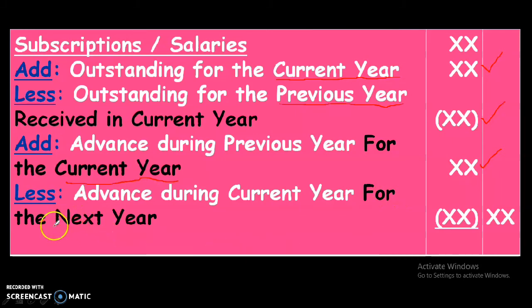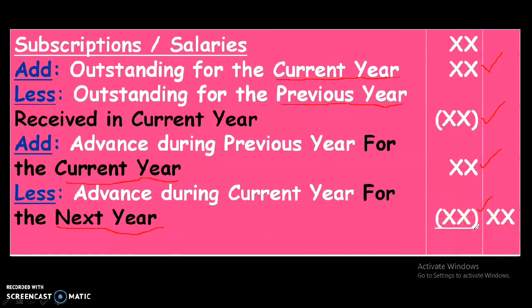For the next year, correct. If I am receiving an advance today, then it will be an advance for the next year. So it is pertaining to the next year. I have received in the current year, yes, but it is pertaining to the next year. It is not pertaining to the current year, and that is why again we minus the amount. Since we minus, that is the reason why we put it in brackets.